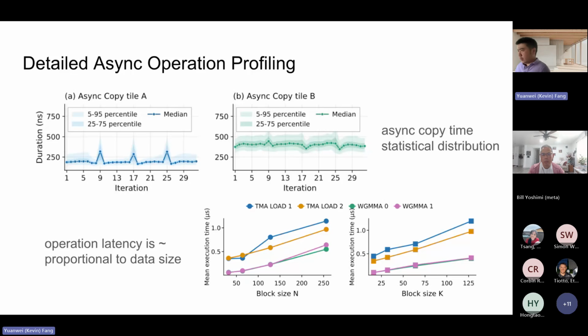And then the figure at the bottom is basically some cross validation. We use our approach to measure the data transfer time for TMA or WGMMA, and they should be proportional to the data size, and it's expected, right?